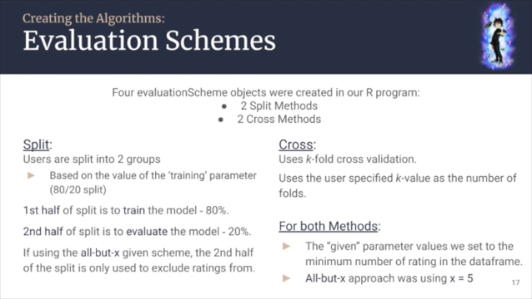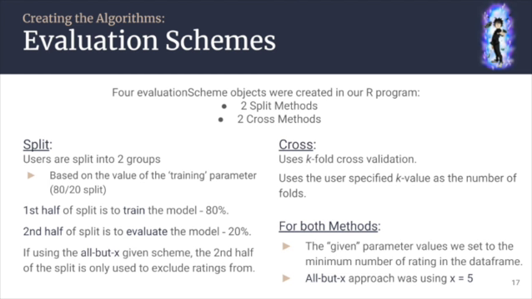Recommender Lab offers the evaluation scheme function, which allows the user to specify how the train and test sets should be divided and how they should be evaluated. We created 4 evaluation scheme objects in our R program, 2 split methods and 2 cross methods. In the split method, users are split into 2 groups.